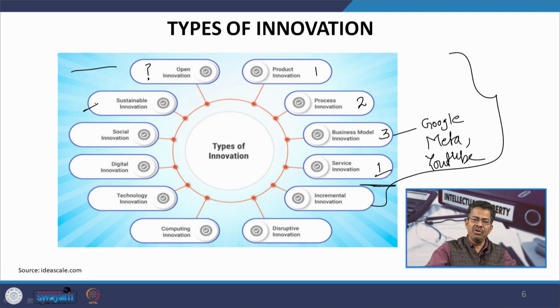And computing innovation, we see that on one side you are talking of solutions like cloud computing, on the other side you are talking of solutions like edge computing. All these are examples of computing innovation. Computing requires huge amount of energy, computing requires huge amount of resources in terms of servers, money, time. So, there are innovations happening, and companies like AWS are enjoying their ability to do computing innovations.